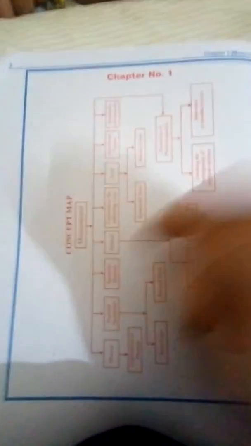So starting with the measurements, let's open all these books and describe the measurements. In the physics chapter 1 in the key book, this is a concept map.